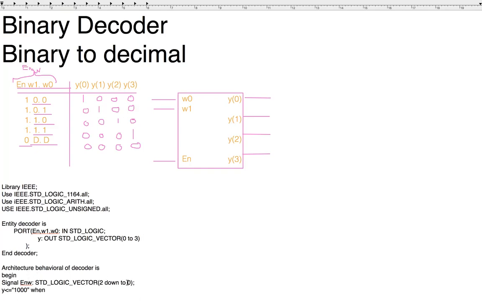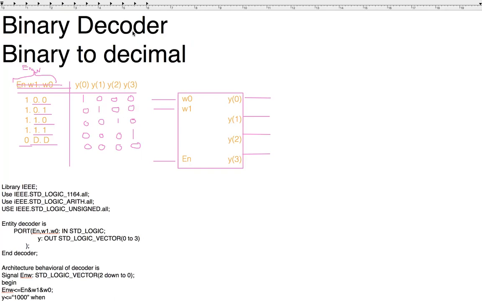What's interesting about your internal signals is they go right before you have your begin statement here. And for the concatenation, ENW is going to be equal to EN, W1 and W0 concatenated together. And now that we concatenated all those, they're grouped together. So that's under just our input here. We can think of it as just ENW, and these are our values.